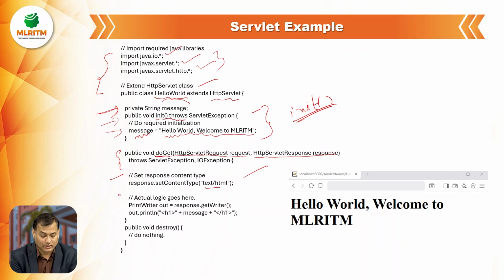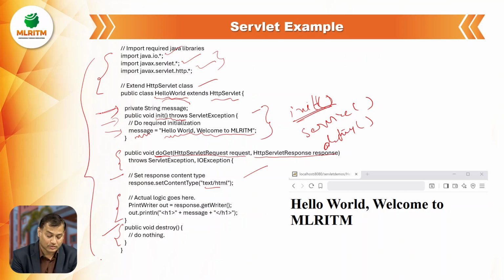And there is another signature, destroy. The destroy method is going to be called. This is the third signature. So all the methods, the init method, the service method, and the destroy method, these three methods are used while writing a servlet program.